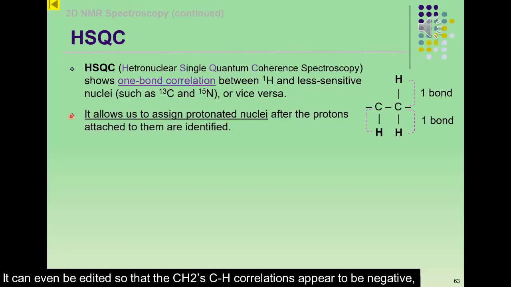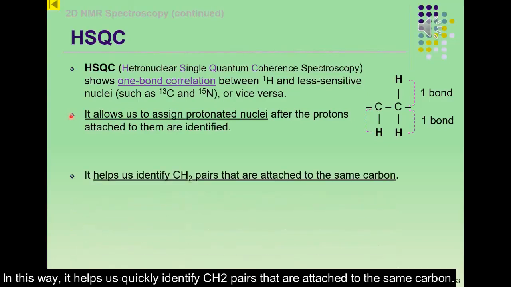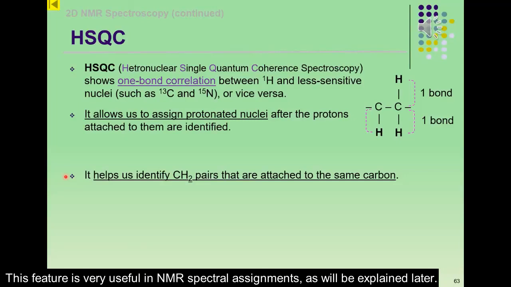It can even be edited so that the CH2's CH correlations appear to be negative, which can then be displayed in different colors. In this way, it helps us quickly identify CH2 pairs that are attached to the same carbon. This feature is extremely useful in NMR spectral assignment, as will be explained later.